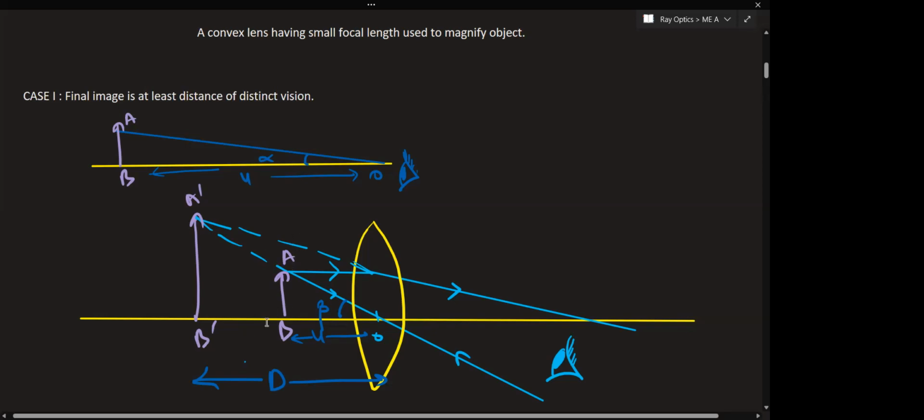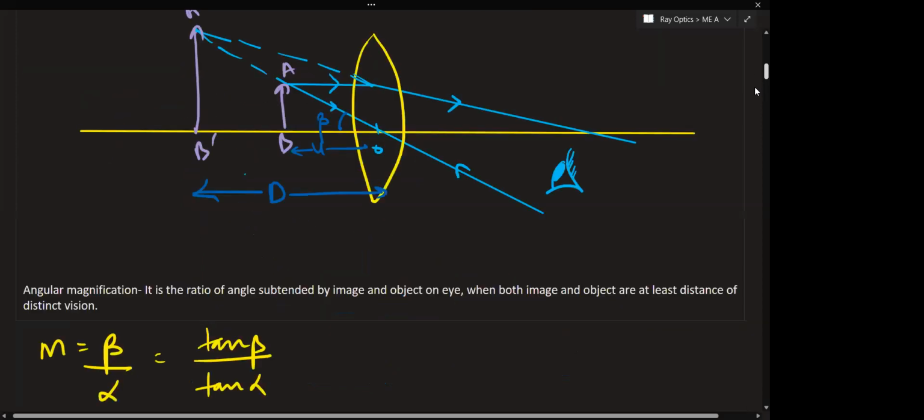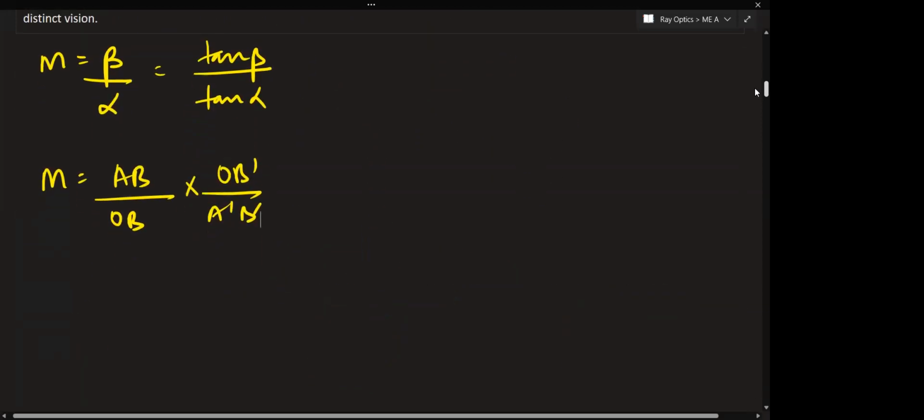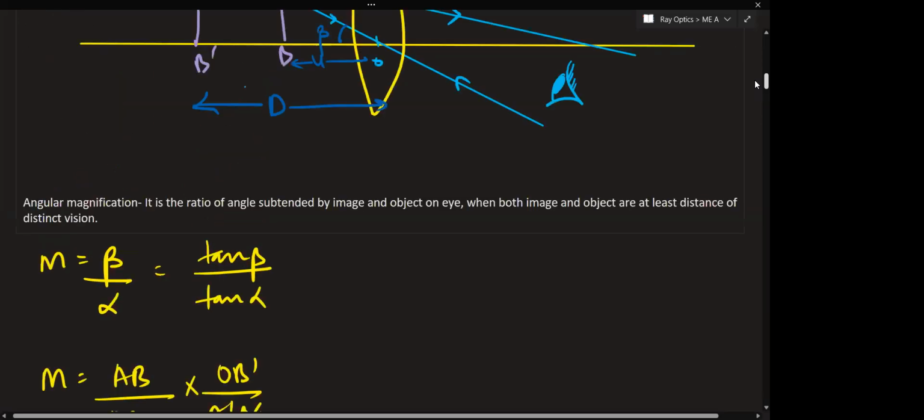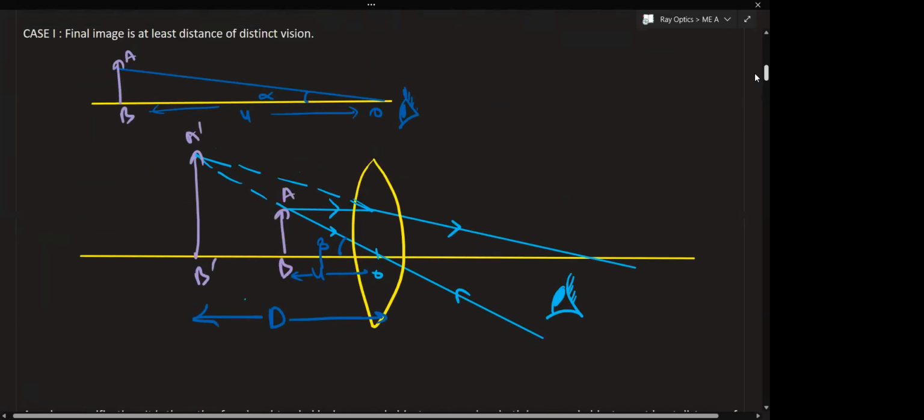This is also AB divided by OB. So see, one more thing. What all terms are over here? OB dash. If you look here, OB dash. OB dash is simply the least distance of distinct vision, which is capital D.